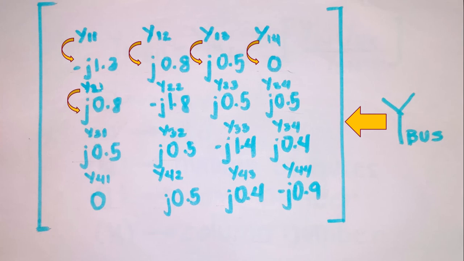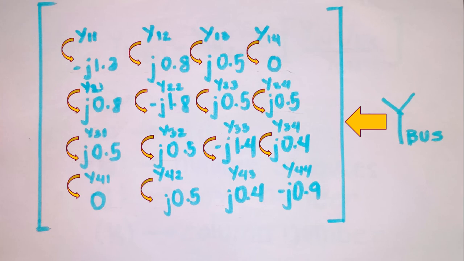Next is y21, which is j0.8, y22, which is negative j1.8, y23, which is j0.5, and y24, j0.5. y31 is j0.5 also, so as y32, y33 is negative j1.4, y34 is 0.4j, y41 is 0, y42 is j0.5, y43 is j0.4, and lastly, y44 is negative j0.9.